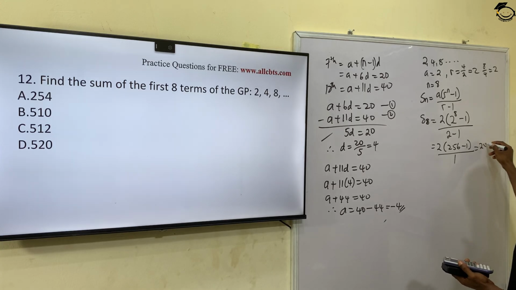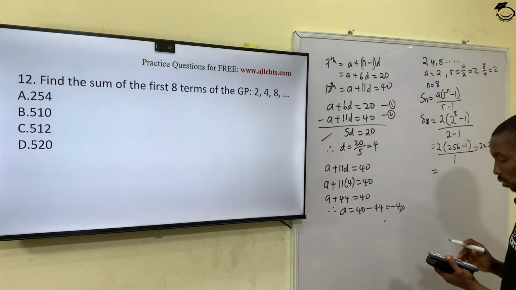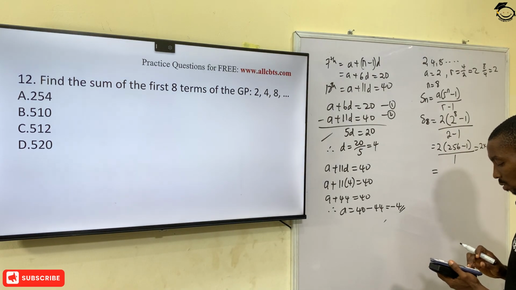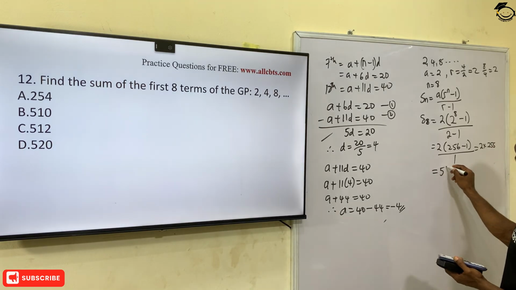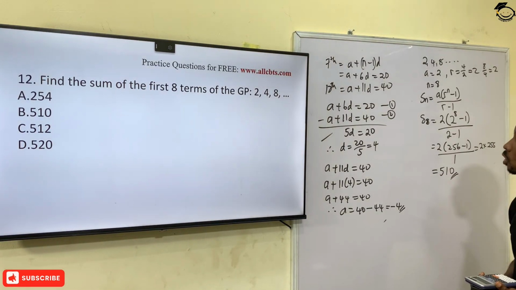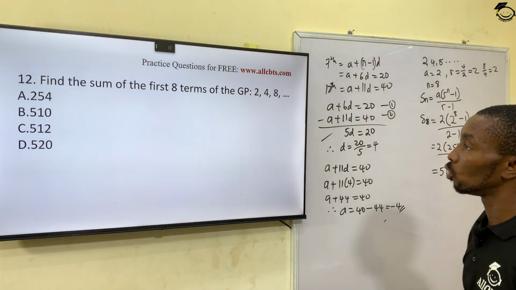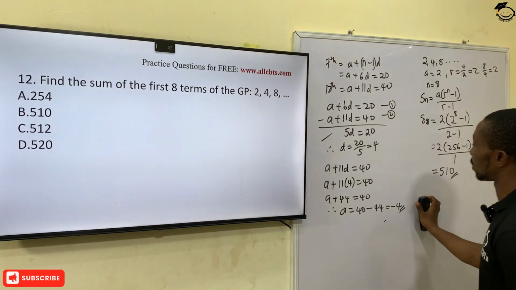This gives us 2 times 255, which would give us 510. So the sum of the first 8 terms for this geometric progression would be 510.